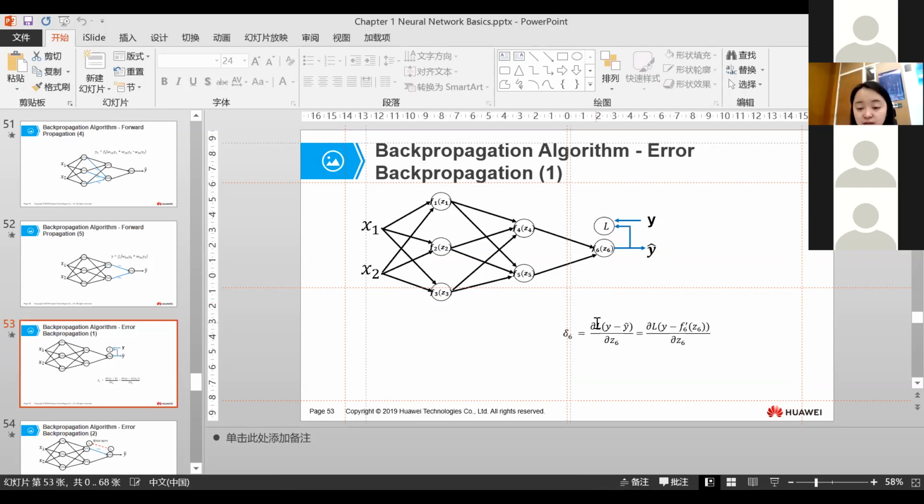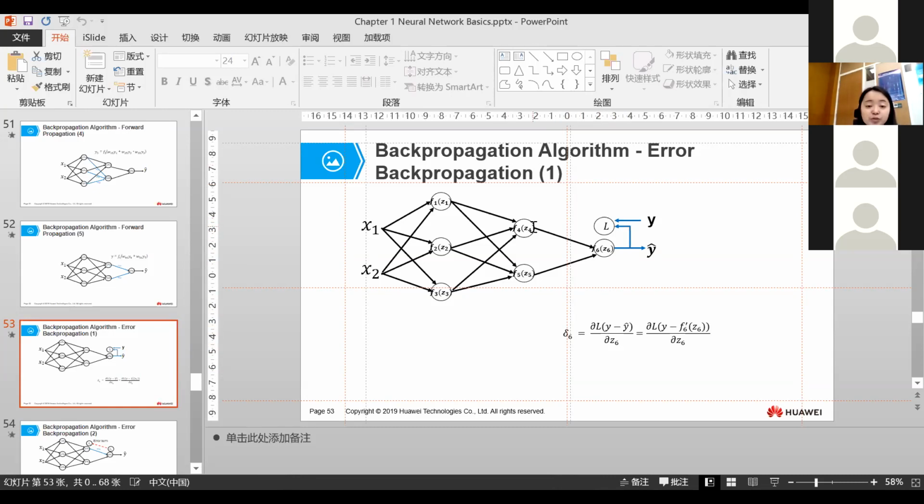Here we can view this, the partial of L with respect to z6, as the error term. We view L, the value of the loss function, as the total error of the model, that is the difference between the prediction and the actual label. So how do we update the weights and the bias?